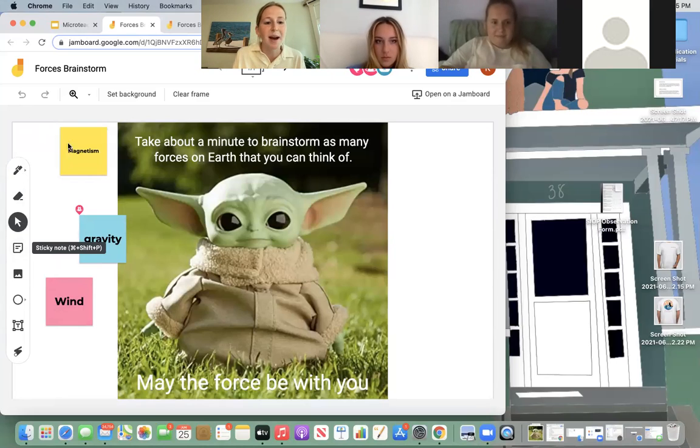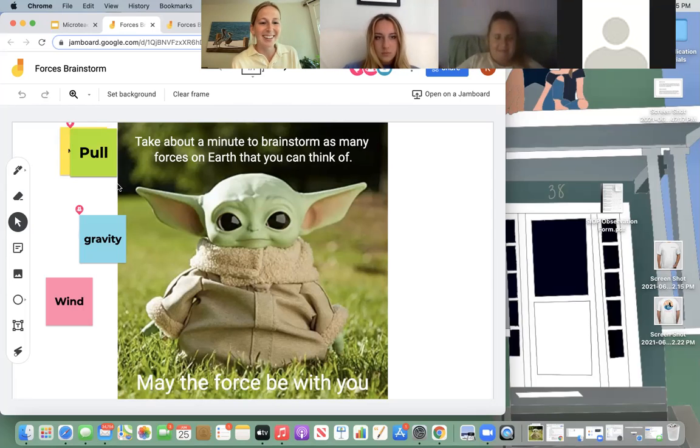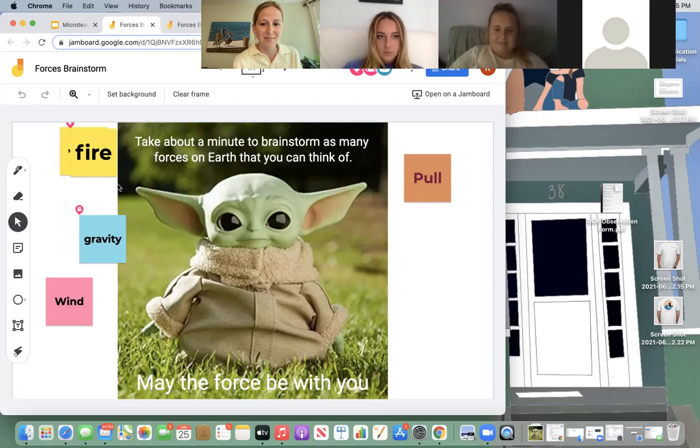I've started you off here with magnetism. So try to think of other forces besides magnetism. Gravity is a great one. Remember the difference between forces and elements on the planet? Oh, yeah. That's okay. I like the brainstorm. Good. Yes.